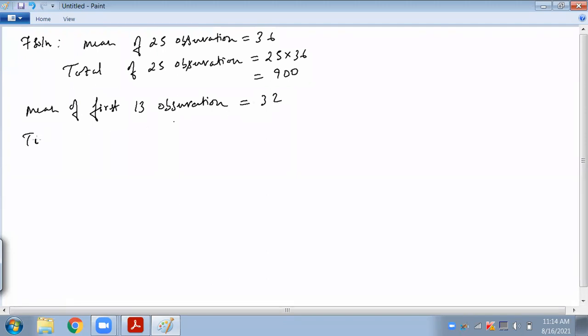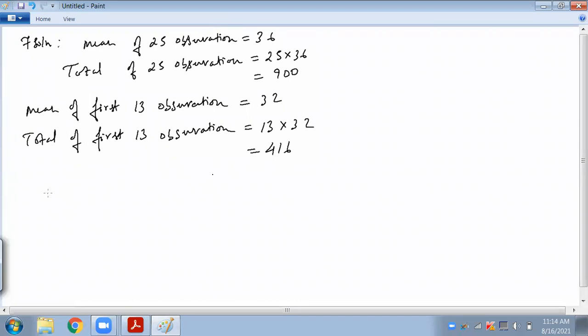So find the total again. The total of the first 13 will be 13 into 32, and 13 into 32 is 416.